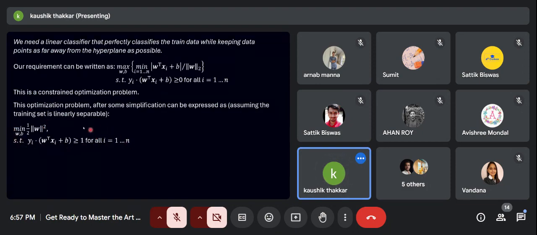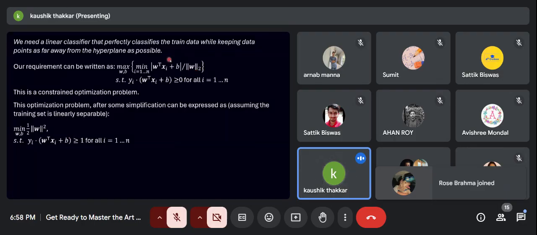Our assumption is that we take a training set that is linearly separable. There are training sets which are not linearly separable, and that becomes a problem, but we are not taking that for now. Provided it is linearly separable, we can rewrite the objective function as this one, right?